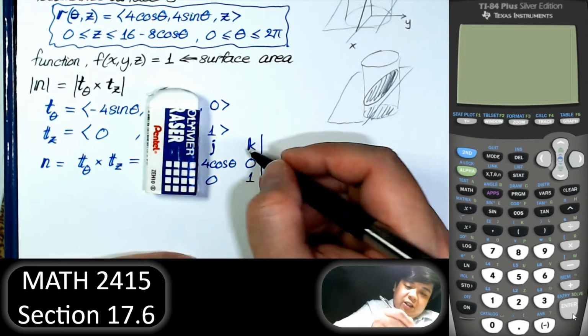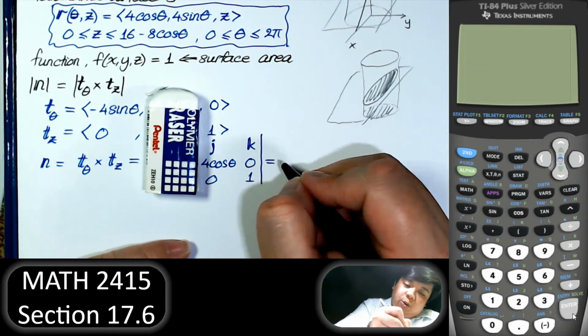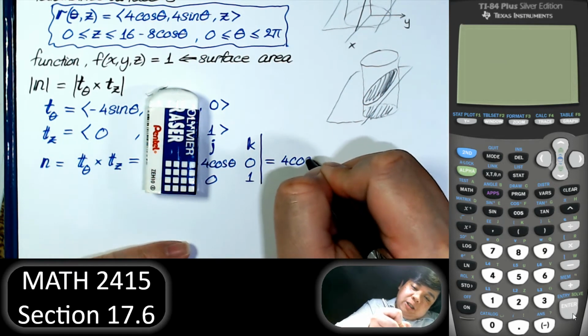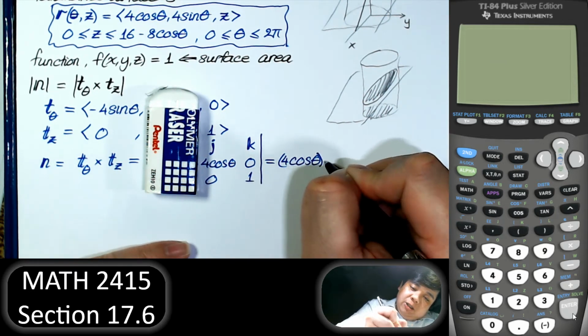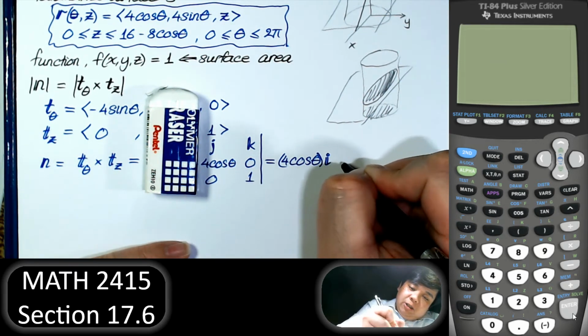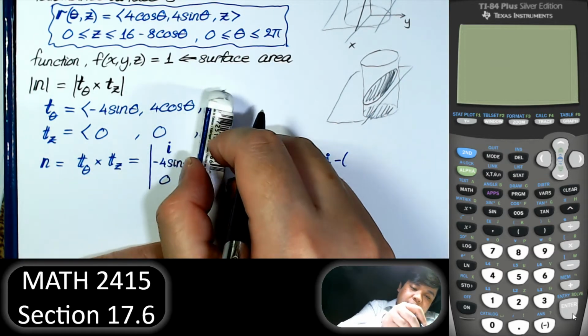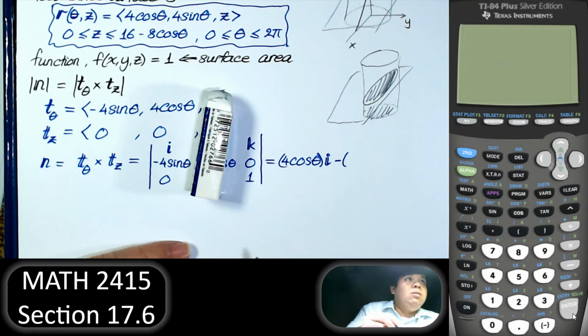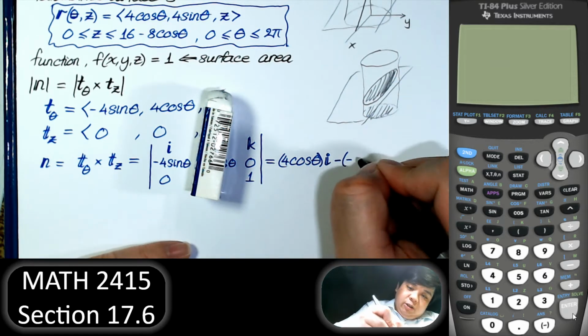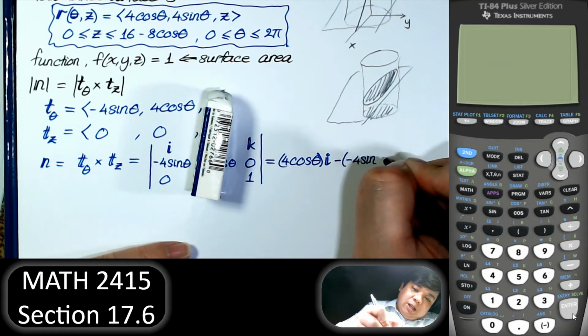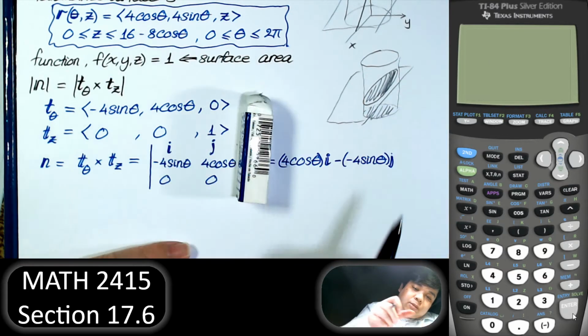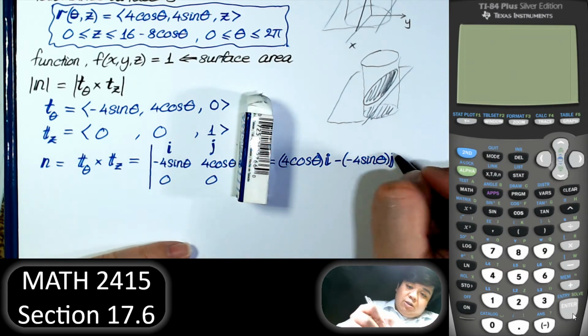For I, there will be 4 cosine theta; for J, negative of negative 4 sine theta; for K, 0 minus 0.